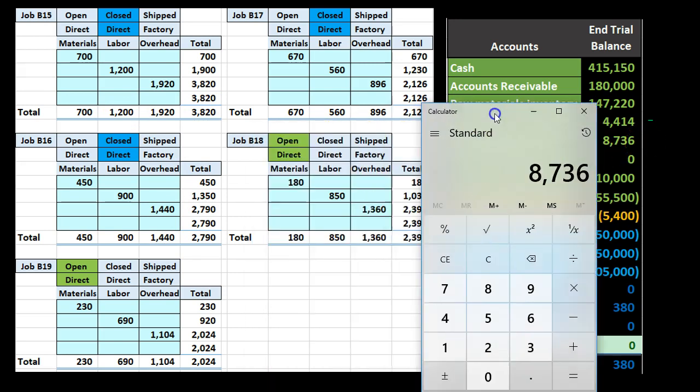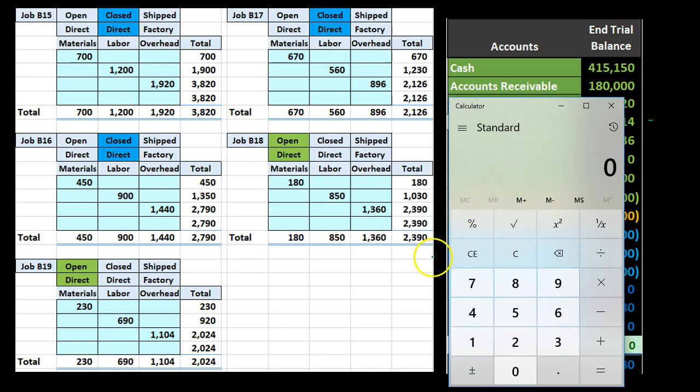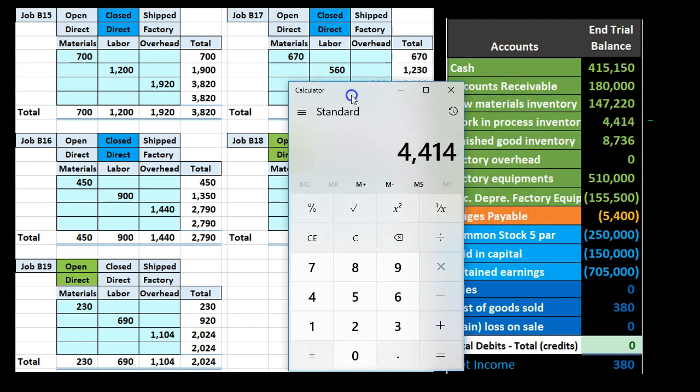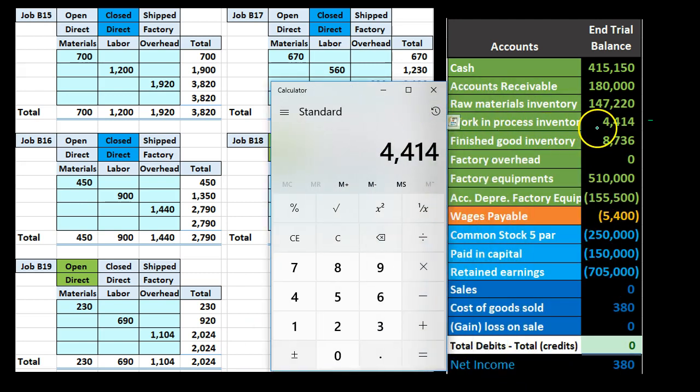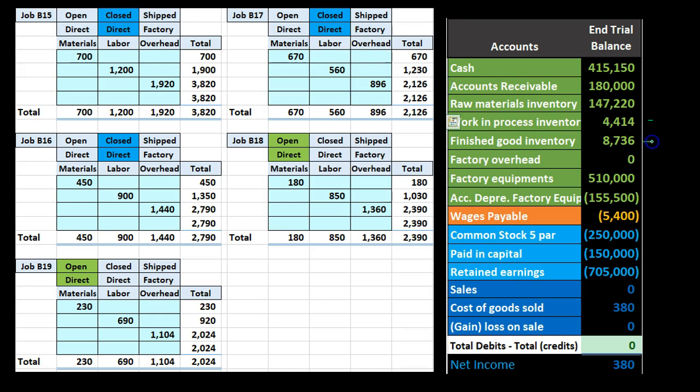And the jobs that still remain open then are also supported by these 2 numbers, 2390 and the 2024. So that's going to be these 2 open jobs, and that's going to be represented by the work in process account here. So now both of these accounts are being supported by our job cost sheets.